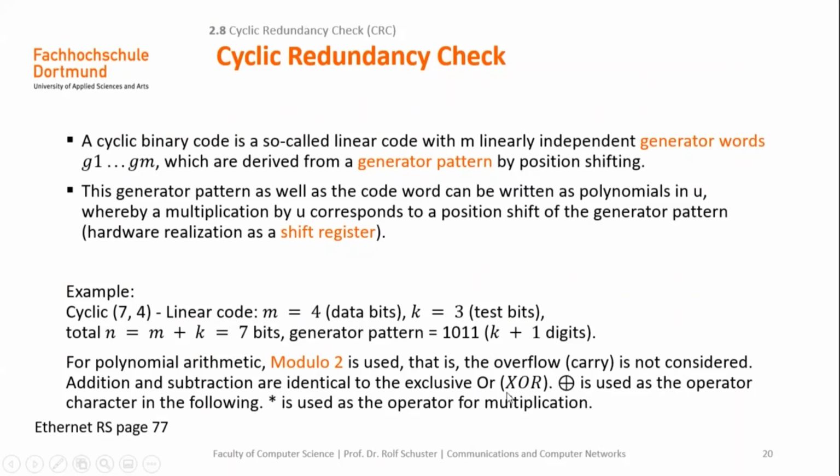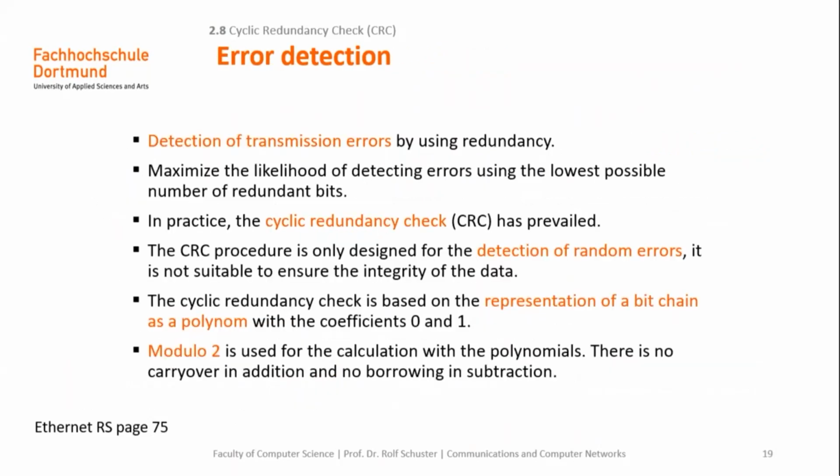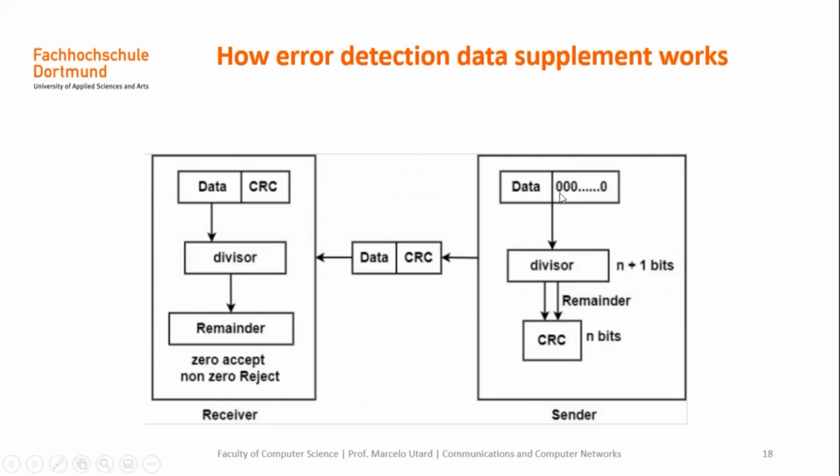Remember that the exclusive OR is an operation where the XOR of 2 zeros is 0, the XOR of 2 ones is 0, and the XOR of 1 and 0, or 0 and 1, is 1. That is used in order to perform the division of this bit string by this divisor of n plus 1 bits.